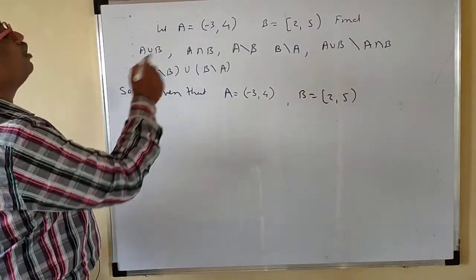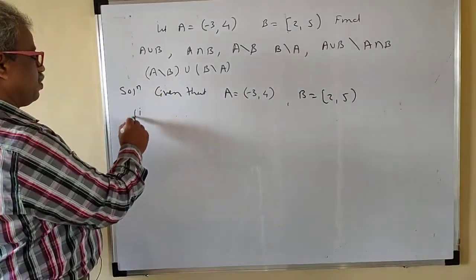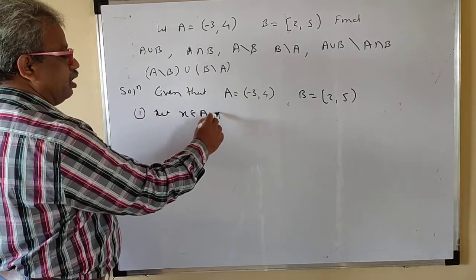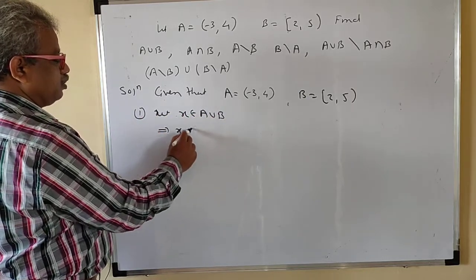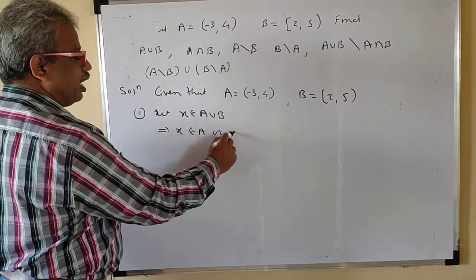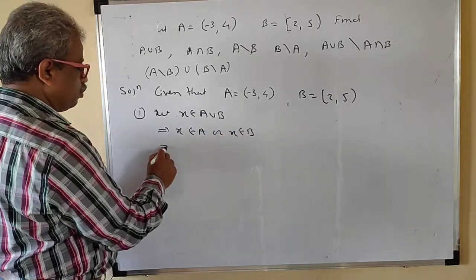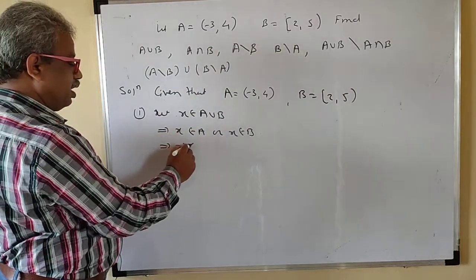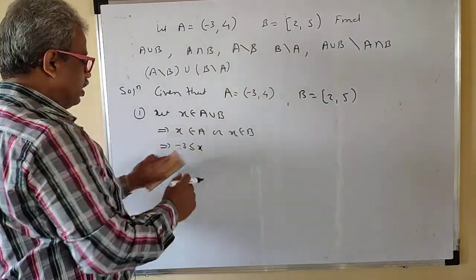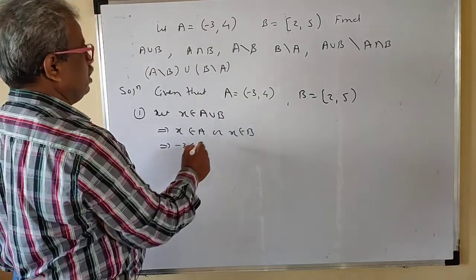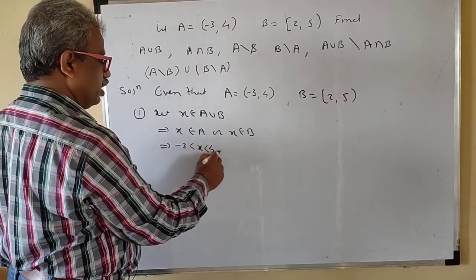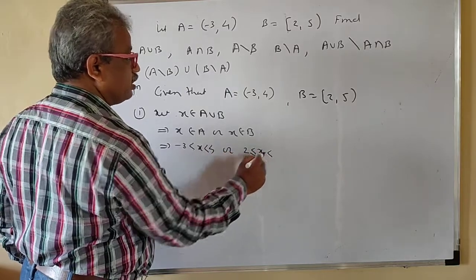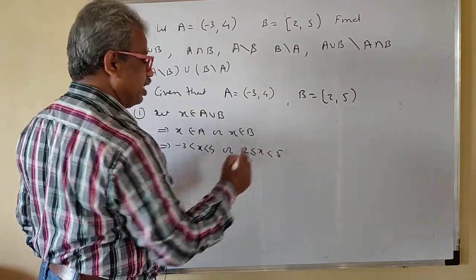Now what we want is X belonging to A union B. Okay, so we'll start from 1. Let X belong to A union B. What does this imply? X belongs to A or X belongs to B. X belongs to A means minus 3 strictly less than X less than 4, or 2 less than or equal to X strictly less than 5.